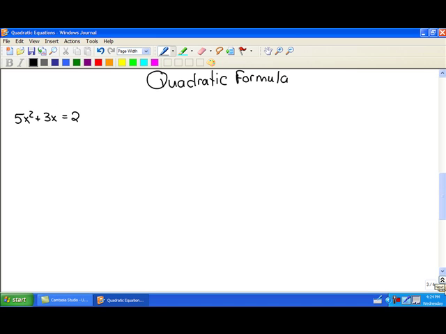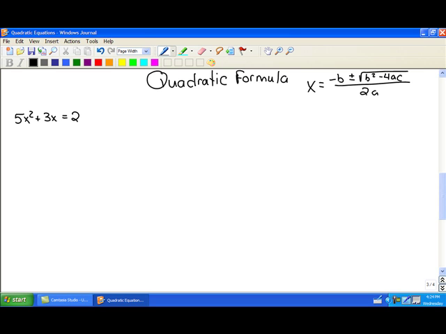Now, equations are not always going to be able to factor. When you cannot factor, you must use the quadratic formula. Remember from intermediate algebra or high school algebra 2, the quadratic formula is x equals the opposite of b plus or minus the square root of b squared minus 4 times a times c, all put over 2a.